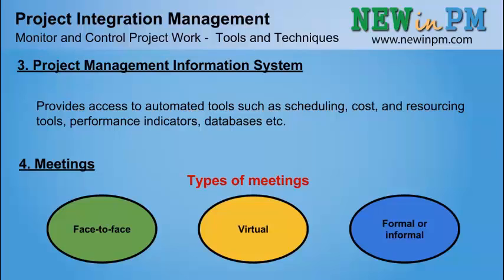The fourth tool and technique that is required is meetings. Meetings are of course very general in nature and a basic necessity in any project management. The different types of meetings are face-to-face meetings, virtual meetings, and formal or informal meetings.